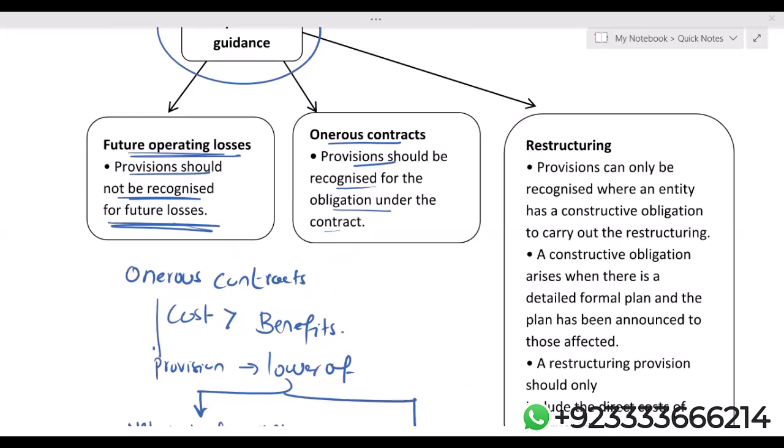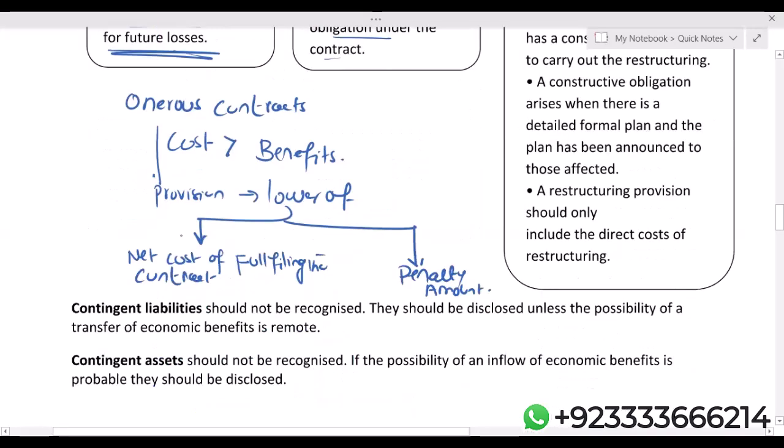Sir, if there's not any significant variation in the net cost and penalty, for example, it is $1 million and it is $1.1 million, what will you choose? Will you go for 1.1 million or 1 million? This is my question.